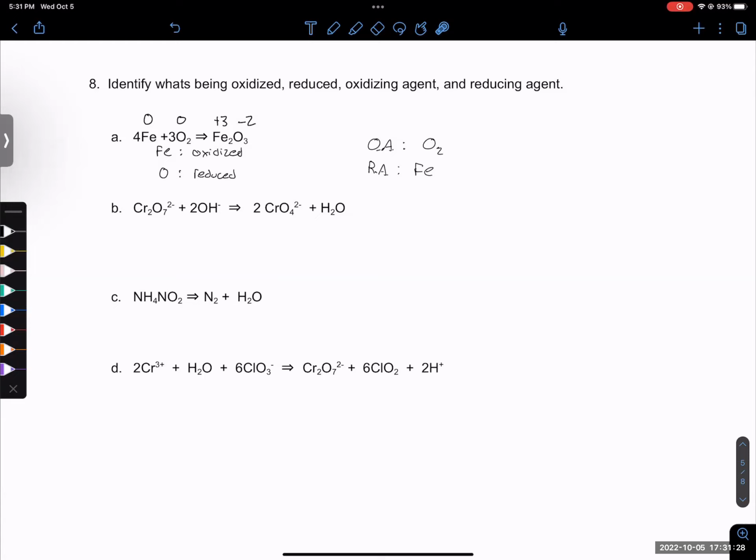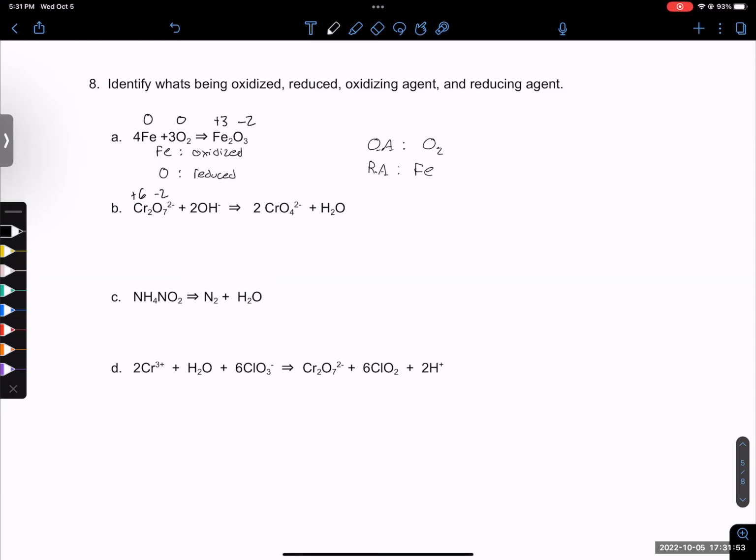All right. What's on the left side here? What's the oxidation number for chromium? +6. And we all know how we got that. Head nods? No? Yes? I can go over it if y'all don't know. Okay, perfect. And what about oxygen? -2.